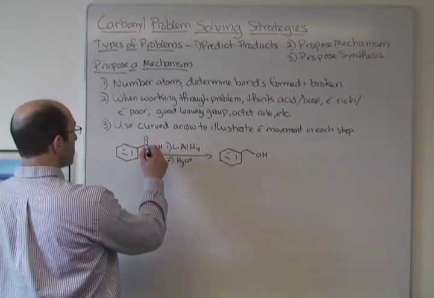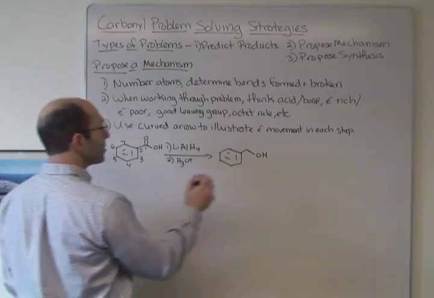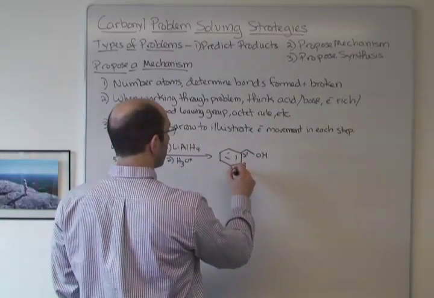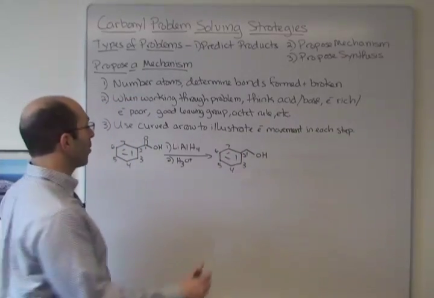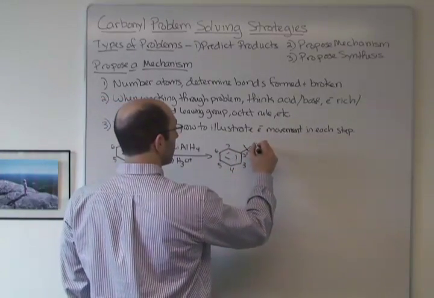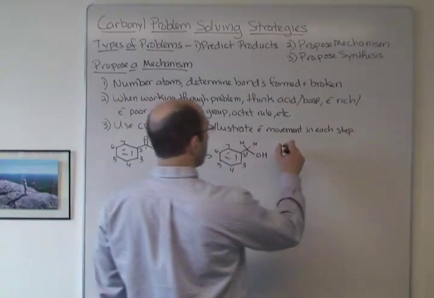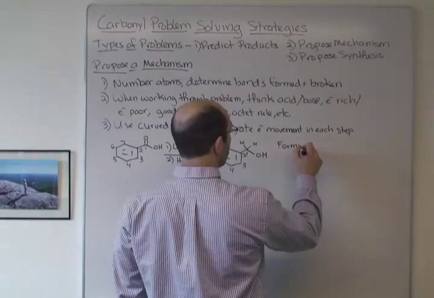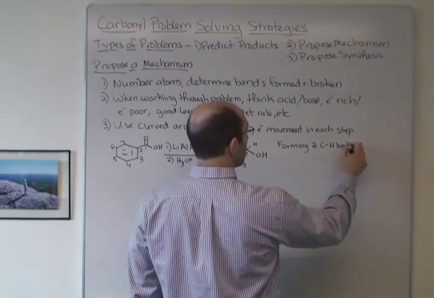Right? So hopefully it's clear that if we number this out, we have the same number of carbons. Right? So if we look at the bonds that are formed and broken, hopefully it's clear that those CH bonds are the bonds that we're forming. All right, so we're forming 2 CH bonds, right?